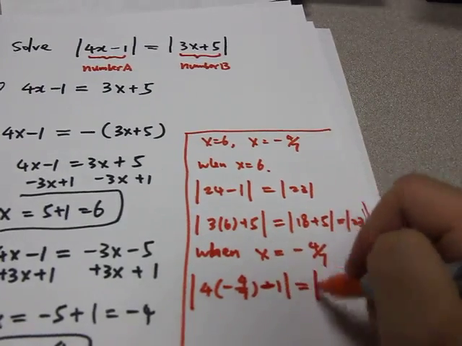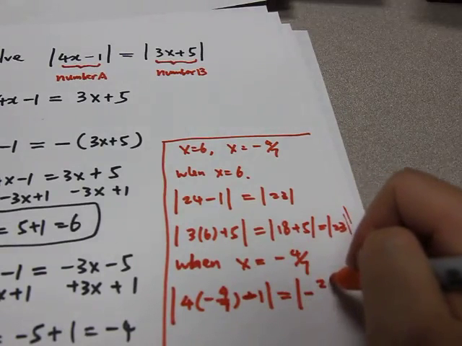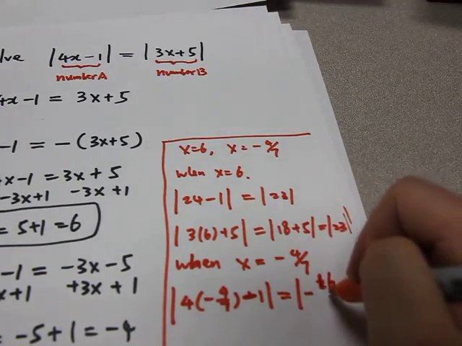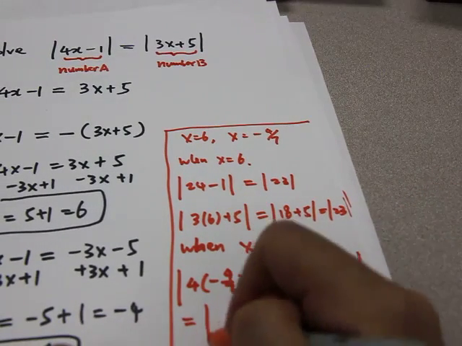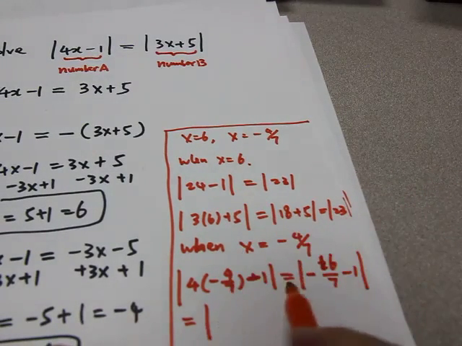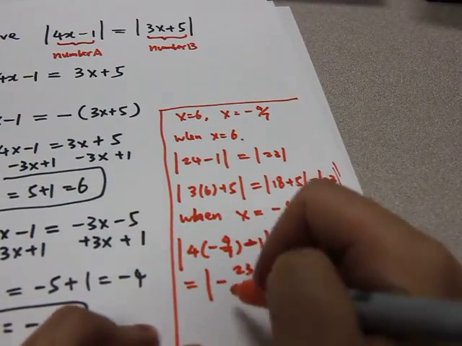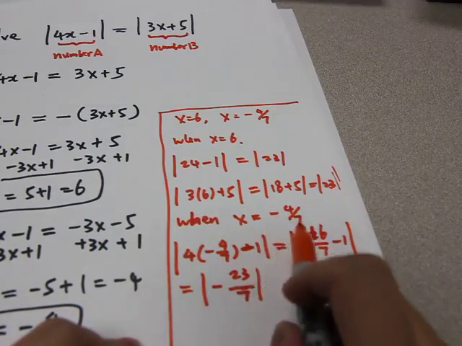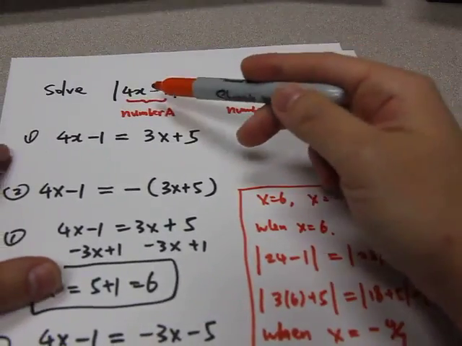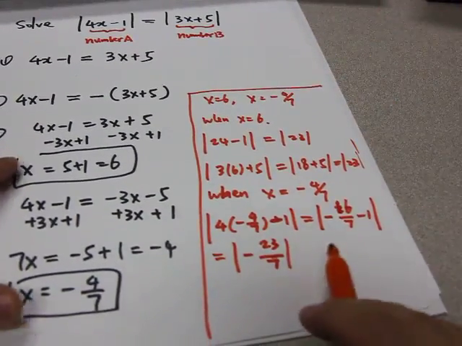So this is negative 16 over 7 minus 1, and this is the absolute value of negative 23 over 7. So when x is negative 4 over 7, the number inside the absolute value is negative 23 over 7.